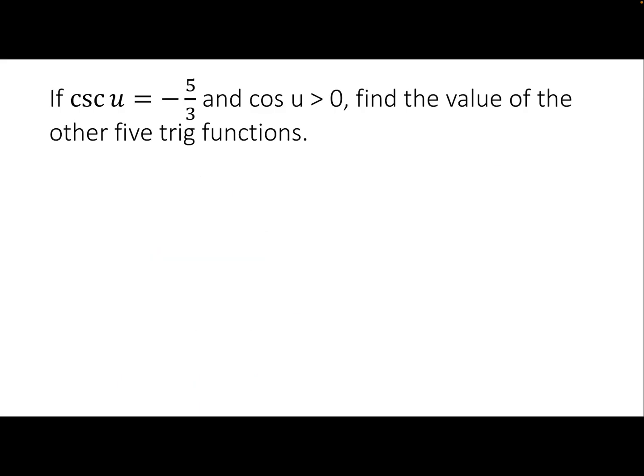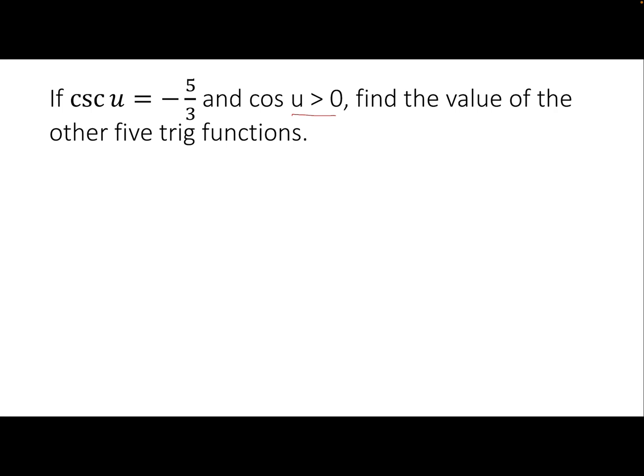So now when we have a problem like this, where we're saying the cosecant of u is a negative 5/3 and the cosine of u is positive, find the value of the other 5 trig functions, rather than building a right triangle and deciding which quadrant it happens to be in, we can use a Pythagorean identity to do this.